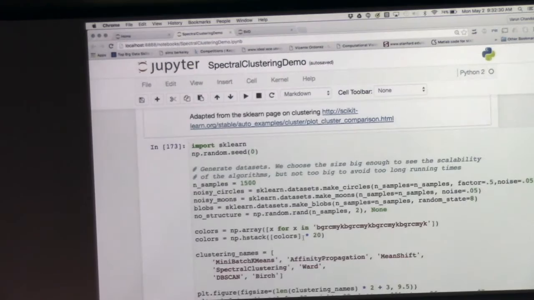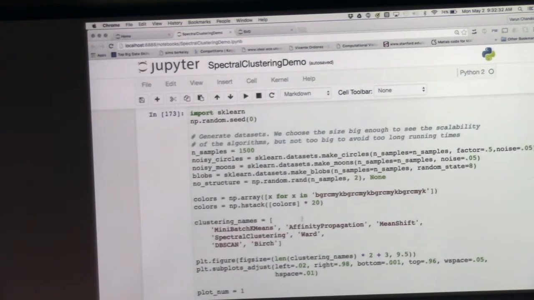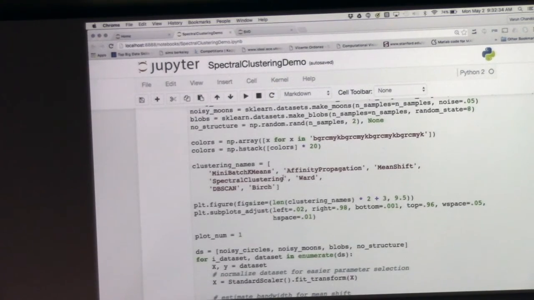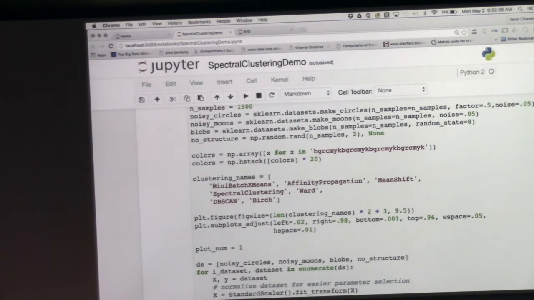They have this whole tutorial, right? What they do here is they create a lot of data sets, and then there are a lot of clustering algorithms here. So there is k-means, there is something called affinity propagation, there is mean shift, there's spectral clustering that we will talk about today, and then there are other methods like Ward, DBSCAN, BIRCH. If you pick up any book on clustering or a survey, you will see all of that, right?